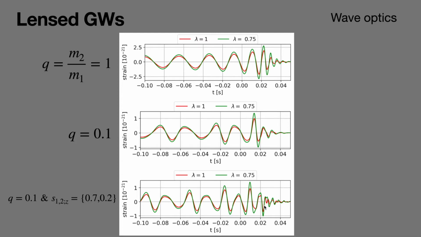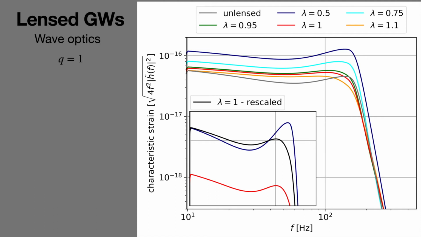For example, here we can clearly see that the 2 waveforms are different. But in general, these are small differences, and especially when Q is equal to 1, the top row here, there seems to be only a magnification difference between the 2 signals. But if we look at the frequency domain, the differences are more evident. In the axes here, we have the frequency on the x-axis, and on the y-axis we have the characteristic strain of the signal.